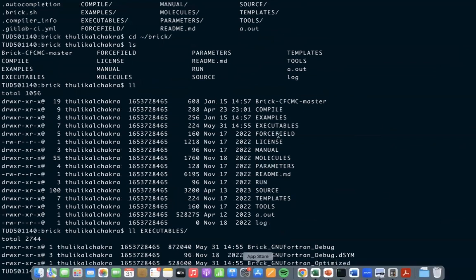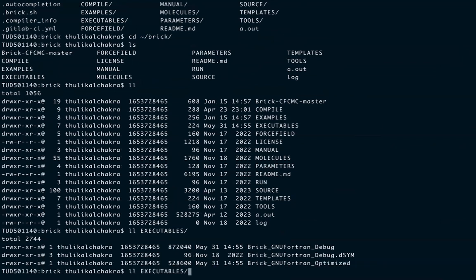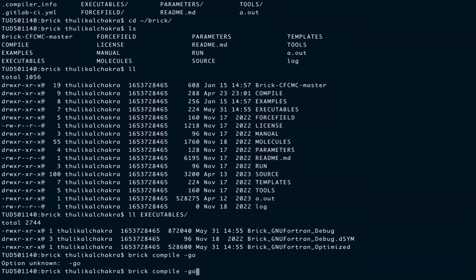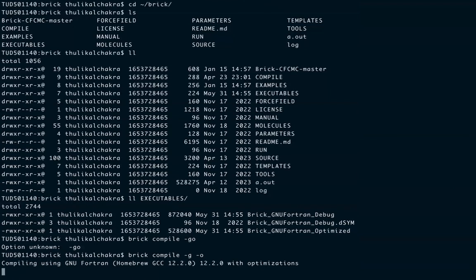If you want to actually compile it, not the debug version but the optimized version, then you say -g -o, and this gives you the version which is optimized for GNU Fortran.